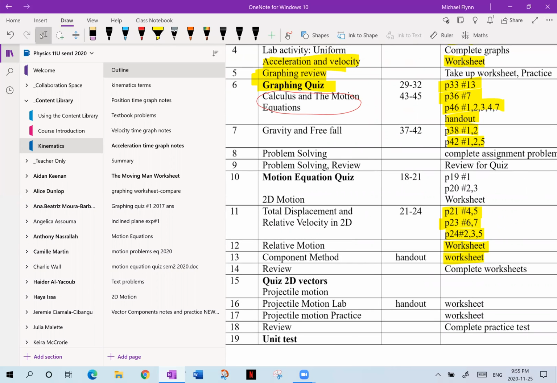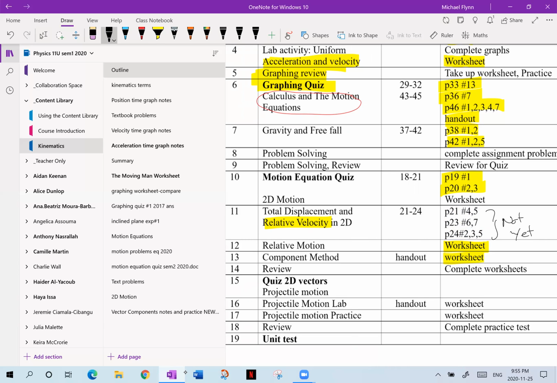Because we didn't do this topic yet, relative velocity. So be careful. I'm going to write it down. Don't do this yet. I gave you a few questions on the worksheet, and I'm going to add some questions to it though.